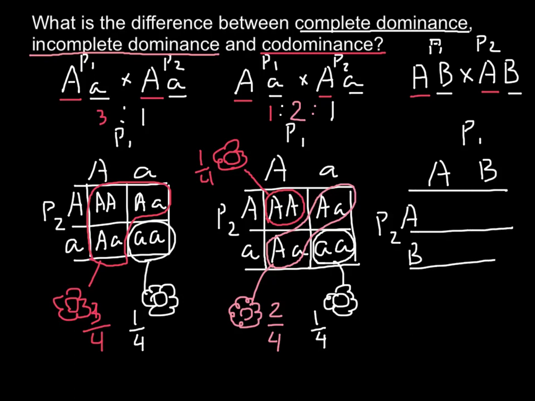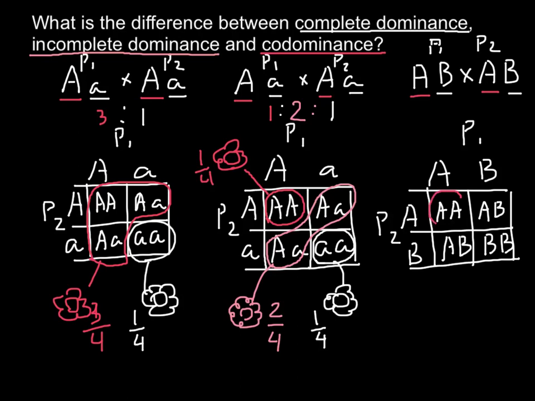As you see, this is the genotype that we are going to get here. Capital A, capital A here, capital A, capital B here, capital A, capital B here, and capital B, capital B here.